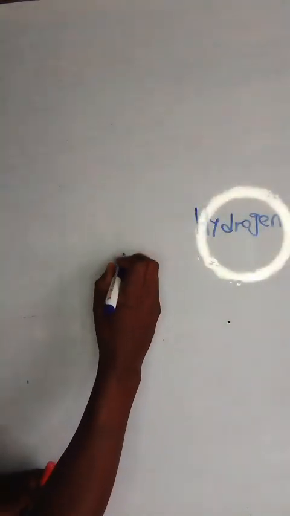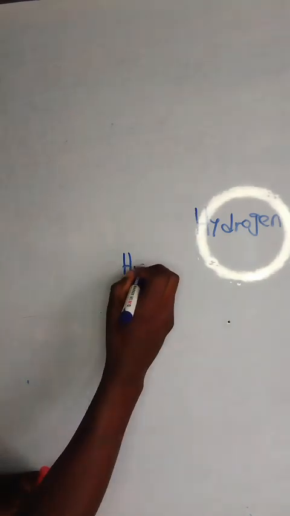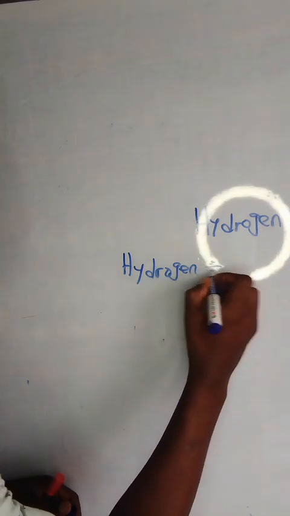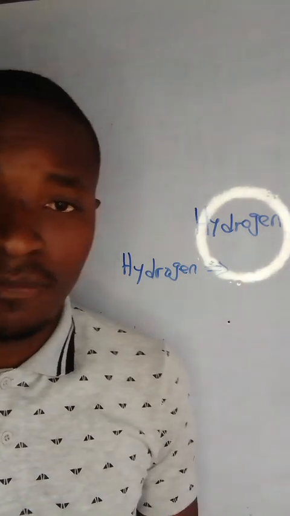Now, when you look at hydrogen, in every chemical equation, the element name is represented by a symbol. If you have a periodic table, you're looking at the name of the element as well as the symbol that represents it. For hydrogen, you can guess it right.